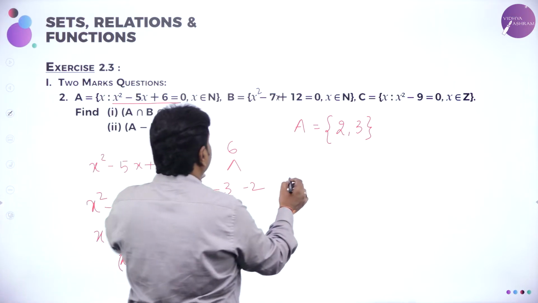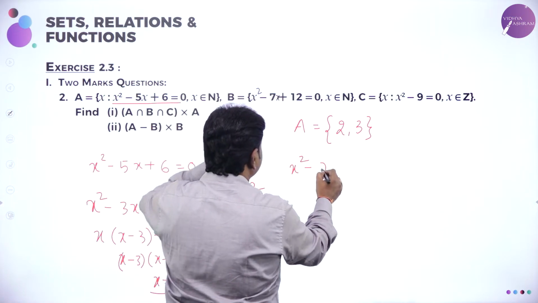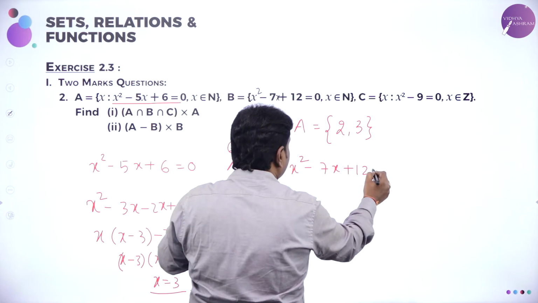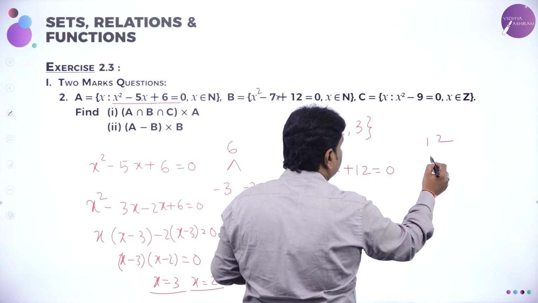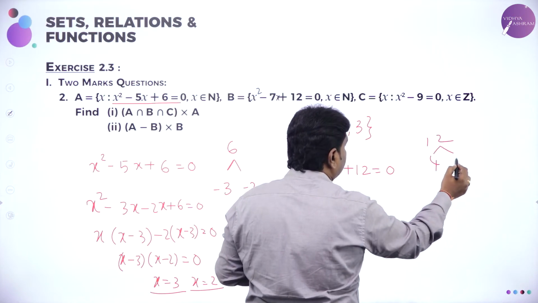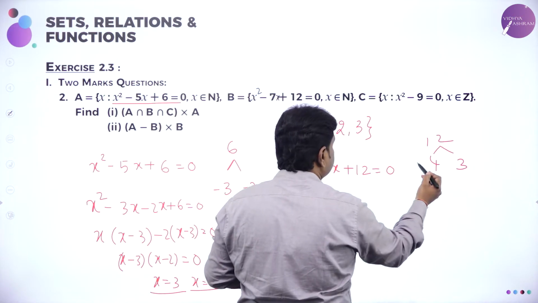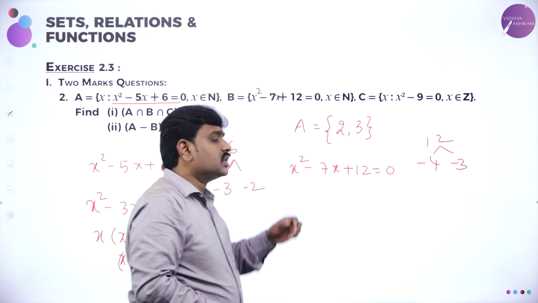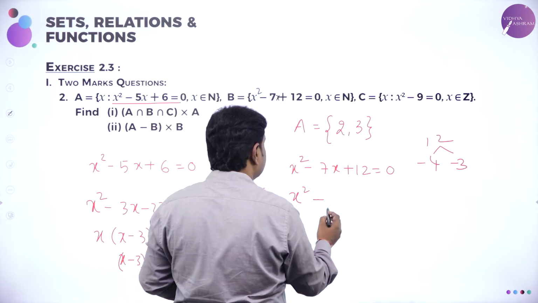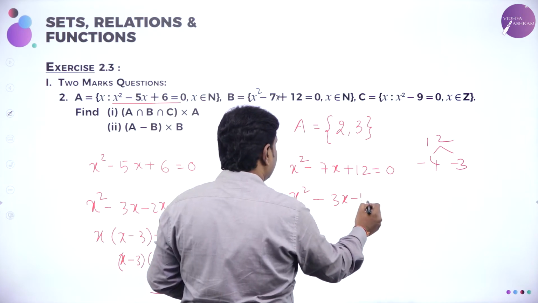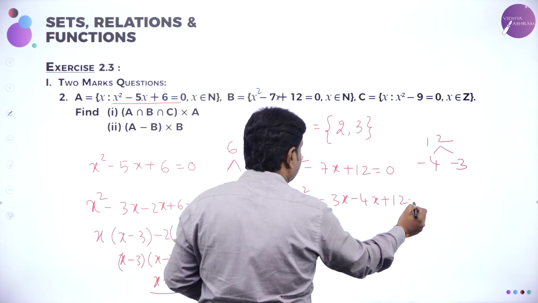Then B, similarly solve x square minus 7x plus 12 equal to 0. What are the factors of 12? I can take 4 and 3. Since minus is there, I will take minus 4 minus 3. So x square minus 3x minus 4x plus 12 equal to 0.